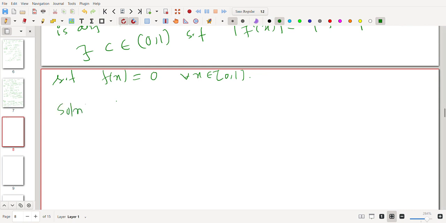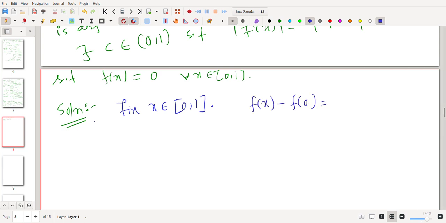Okay. So solution. Fix x belongs to [0,1], any x belongs to [0,1]. Okay. f(x) minus f(0) is basically f'(x1) times x. f(0) is 0, that means f(x) equals f'(x1) times x.